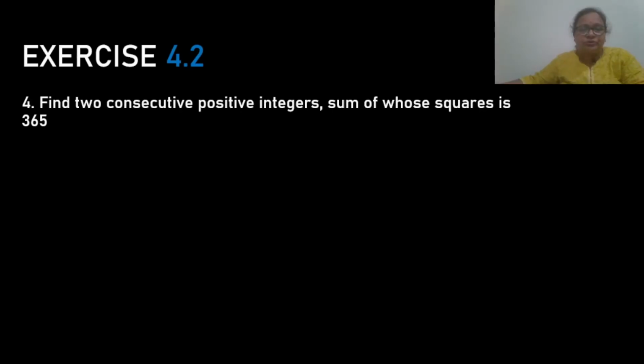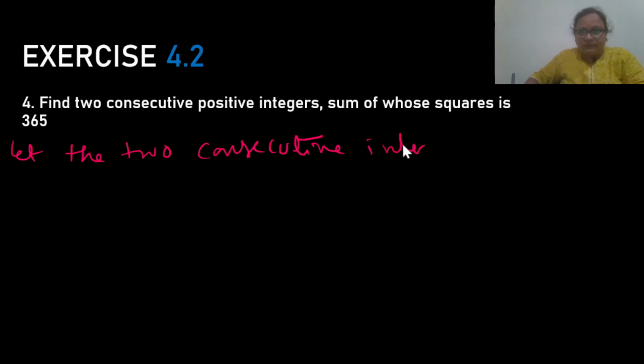Exercise 4.2, question number 4. Find two consecutive positive integers, sum of whose squares is 365. Let the two consecutive integers be x and x plus 1.